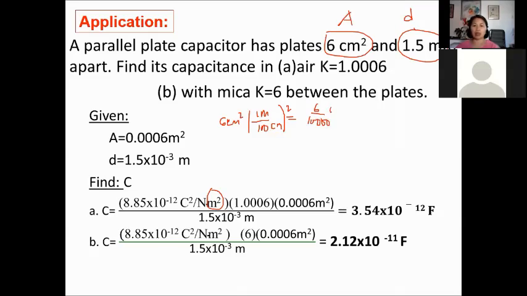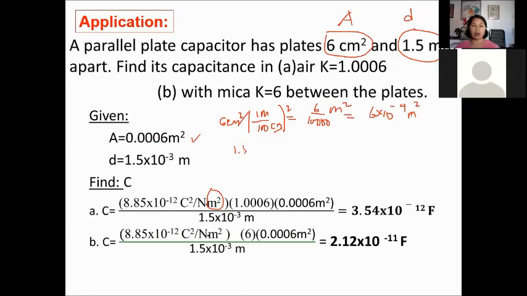This time, the unit is m squared. Ma-cancel ito after ma-square dito. So, giving us 6 times 10 to negative 4 m squared. Or this value is equivalent to 0.0006.